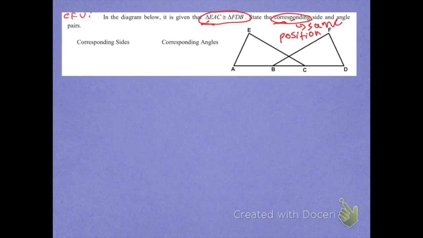So which angles are in the same position and which sides are in the same position? This is not a drawing class, so you don't need to draw this diagram. You can simply tell me what the corresponding angles are because I'm going to give you this diagram tomorrow in class. You may draw it if you like, but you don't have to.